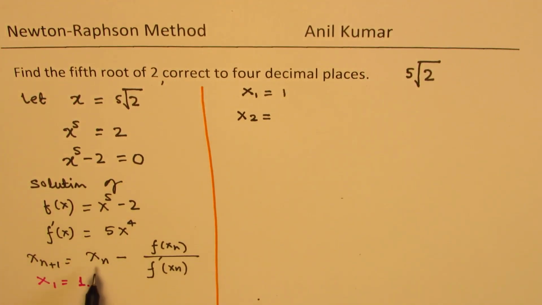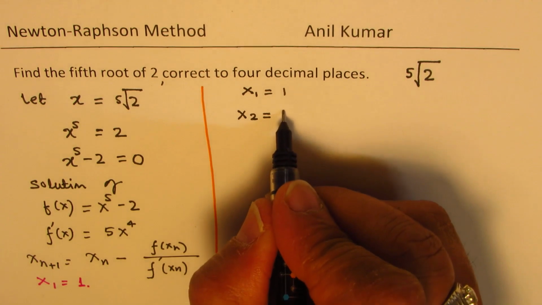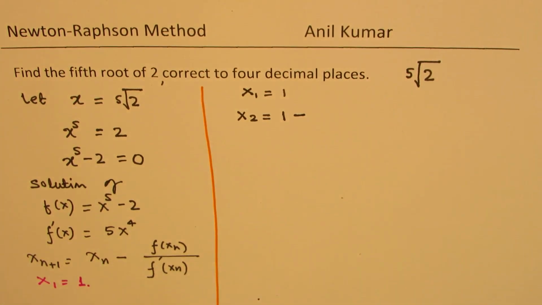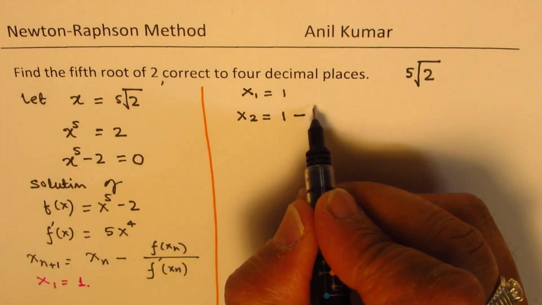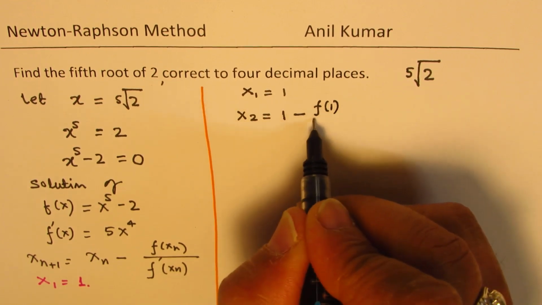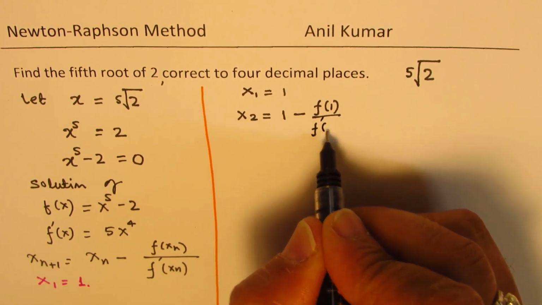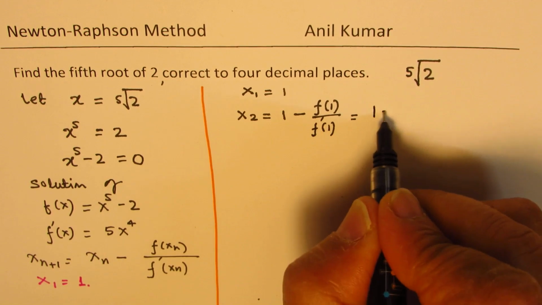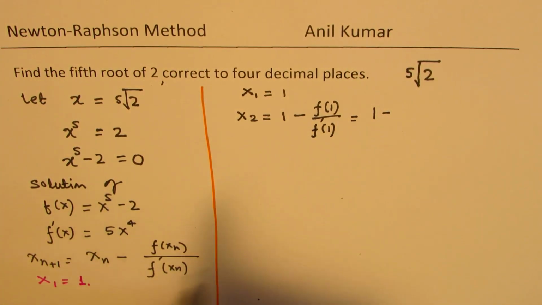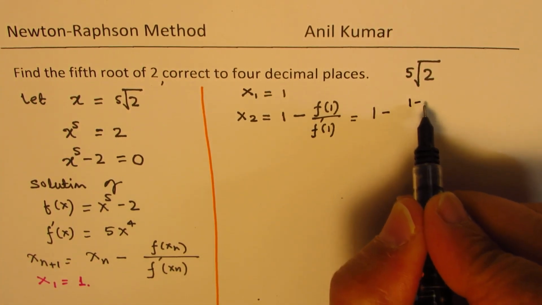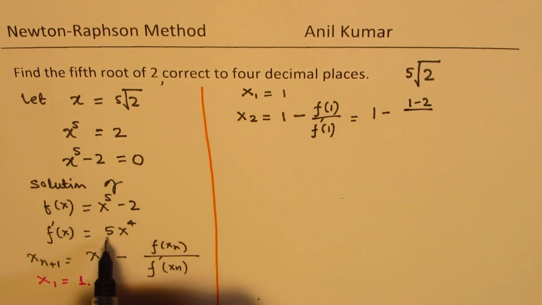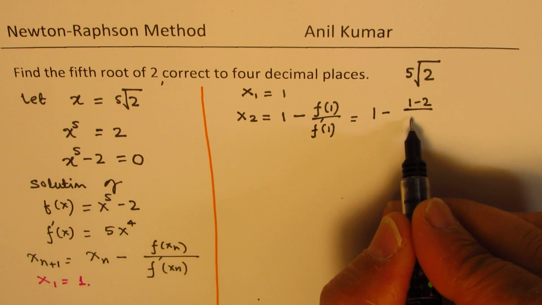Clearly, x2 using this formula is 1 minus the value of the function at 1 over the derivative of the function at 1. So it is 1 minus the value of the function at 1, which is 1 minus 2, divided by the derivative of the function at 1, which is 5, correct?